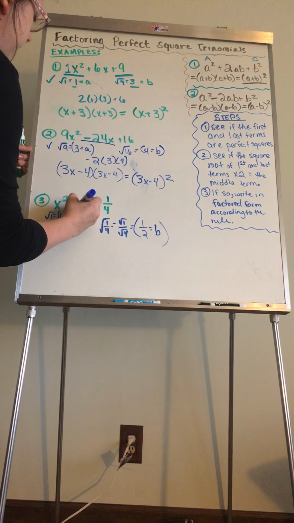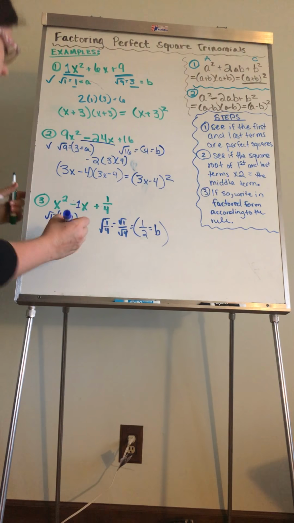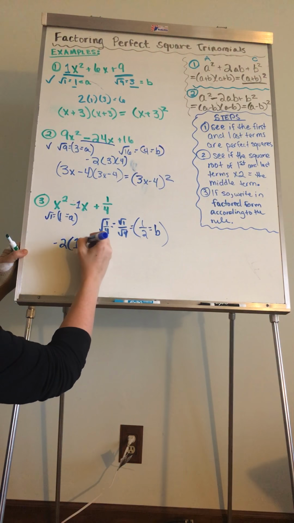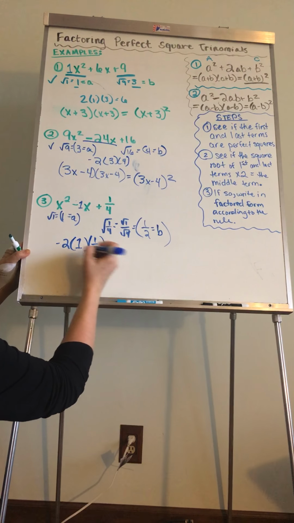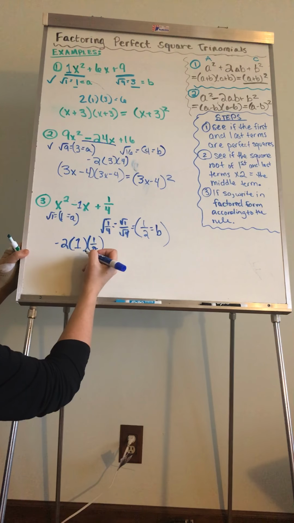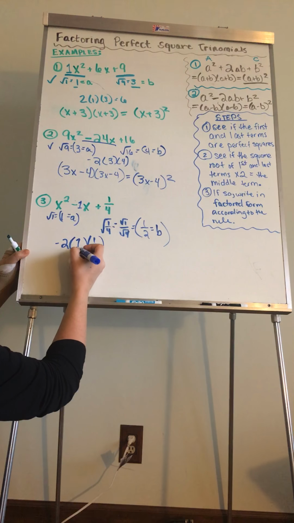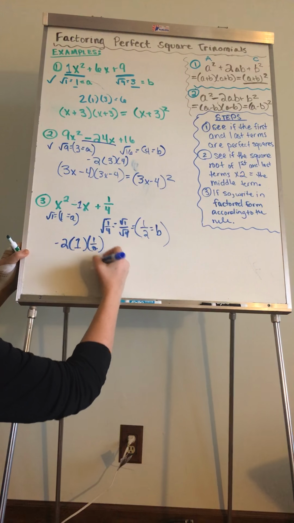Now, my last step is to see if I end up with negative 1. I'm going to write a 1 here so it makes it a little easier. I take negative 2 times 1 times 1/2. Negative 2 times 1 is negative 2, times 1/2 is negative 1. So yes, it is.